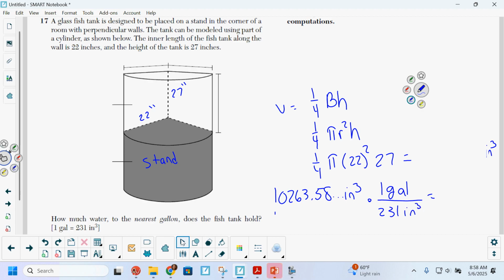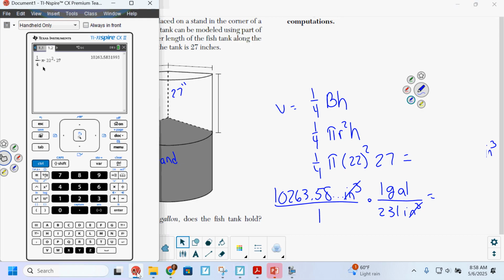So you either know you're supposed to divide just because it makes sense to you, or if you set up the unit analysis we've done, you can see the inches divide out when I put them diagonally. So I'm left with gallons. I'm going to take this number, keep it in my calculator, and just divide by 231. And it wants me to round to the nearest whole number. So that would be the 44 gallons.